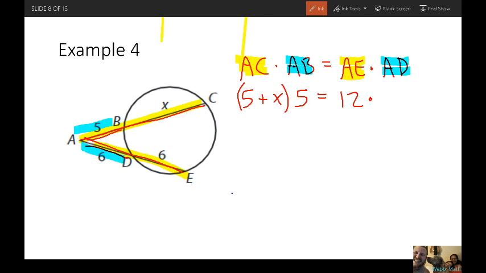And his exterior secant segment was 6. Say that 10 times fast. All right, let's go ahead and distribute. We got 5x, plus 25, and that equals 72.